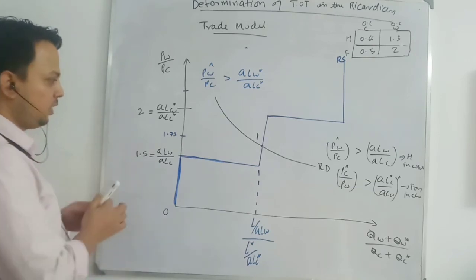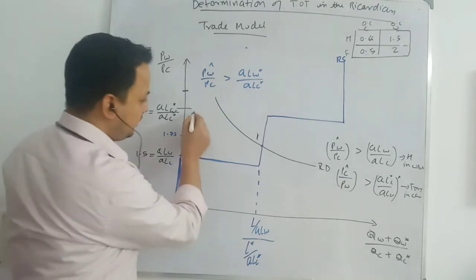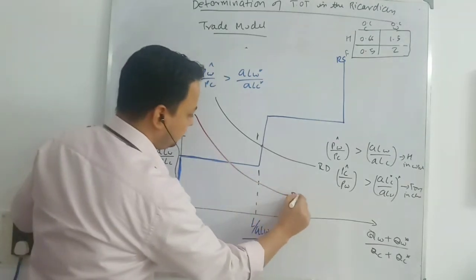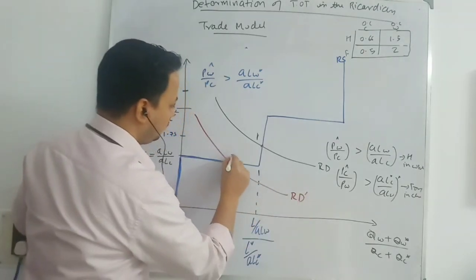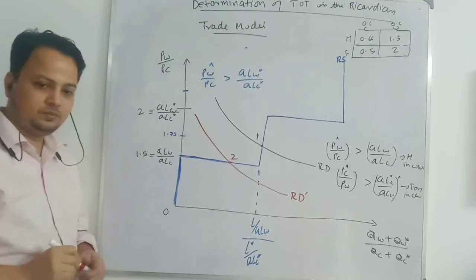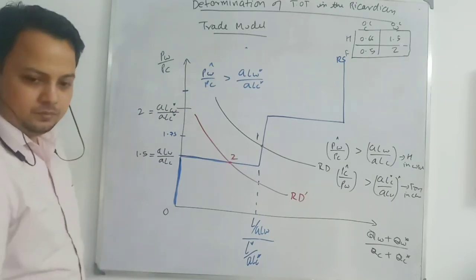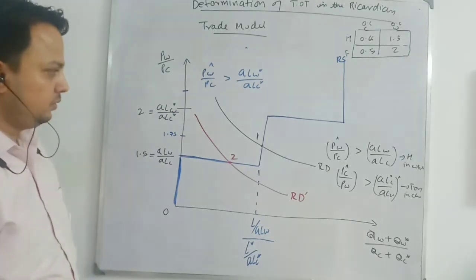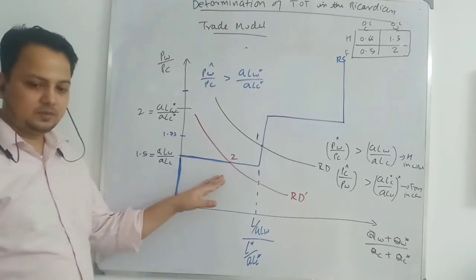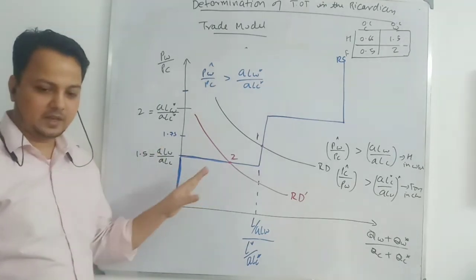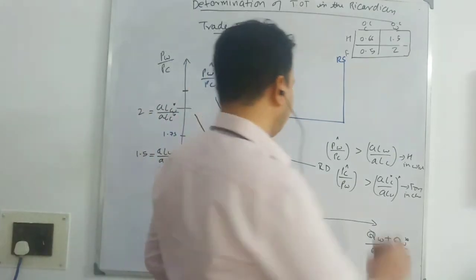Now look at this one. If the relative demand is such that it passes through this point, say point 2, then what will happen? Now here, what is happening? Can anyone tell me this part?